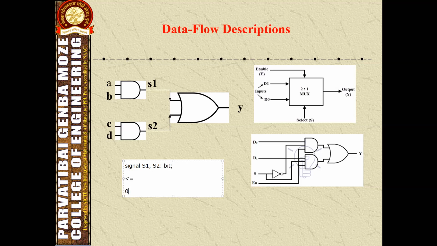We have to assign O1 using this assignment operator, as we did in the previous example. So assume that an event is going to take place at the value of t.